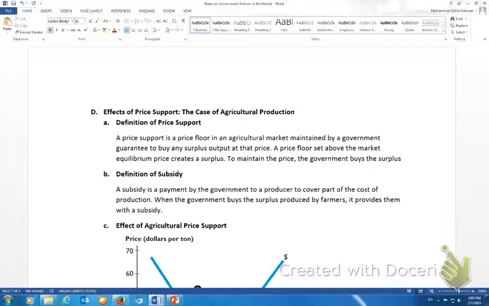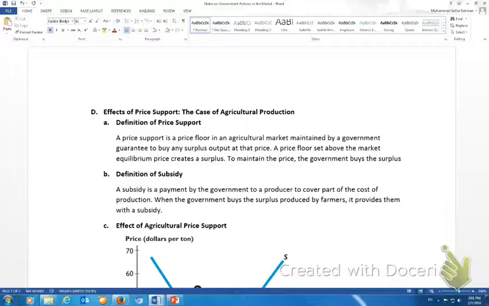So let's look at some definitions first. First of all, the definition of price support is actually a price floor in the context of the agricultural market, where the government supports the price floor by making a promise that they will always buy back the surplus production by the farmers.